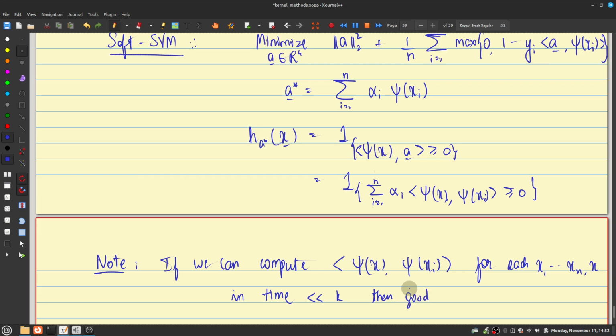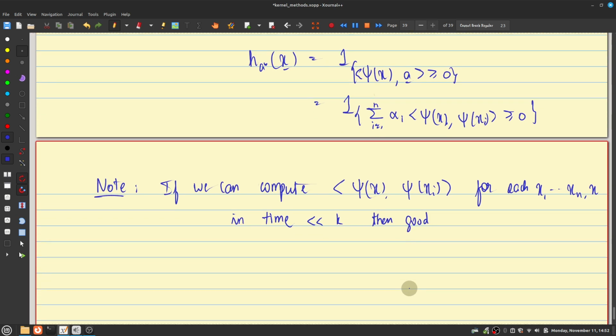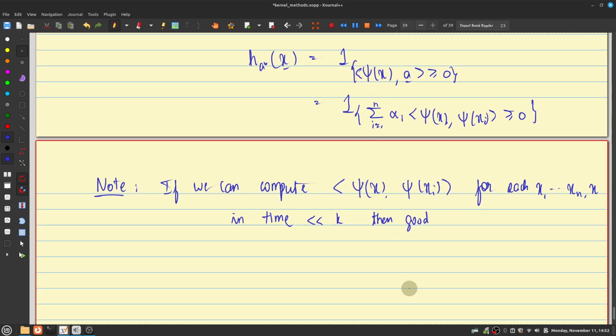But it's not evident how to do this. So that's the whole idea behind kernel methods. You don't explicitly design the embedding, but instead you try to find an embedding for which this inner product can be computed efficiently.